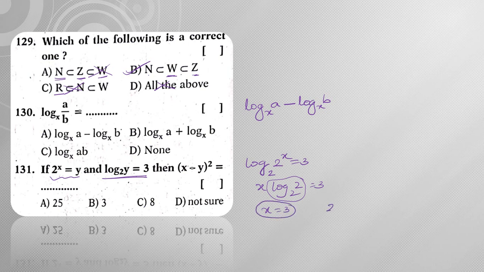When x is equal to 3, 2 power x is equal to y. That means 2 power 3 is equal to 8 is equal to y. So we got the value of y also. Now substituting in this, we are asked x minus y whole square. So x is 3, y is 8. So 3 minus 8 whole square, which is minus 5 whole square, is 25. Right? So this is the answer for the given question.